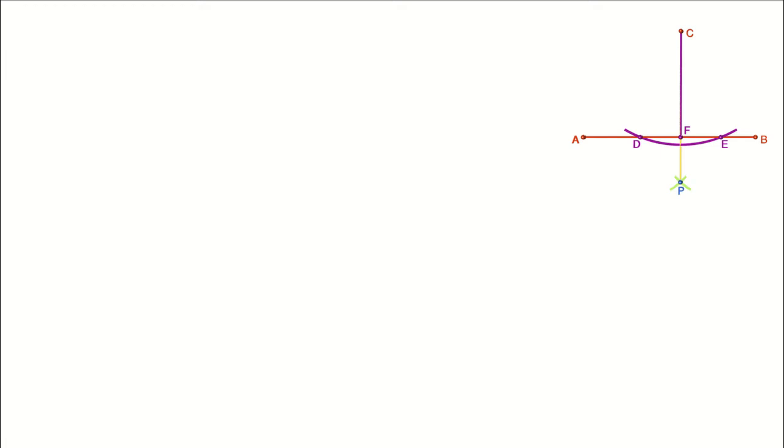To do that, we need to do some extra constructions. Join CD, then CE, DP, and finally EP. The justification we are going to give here is very similar to the one we gave in case of perpendicular bisector.